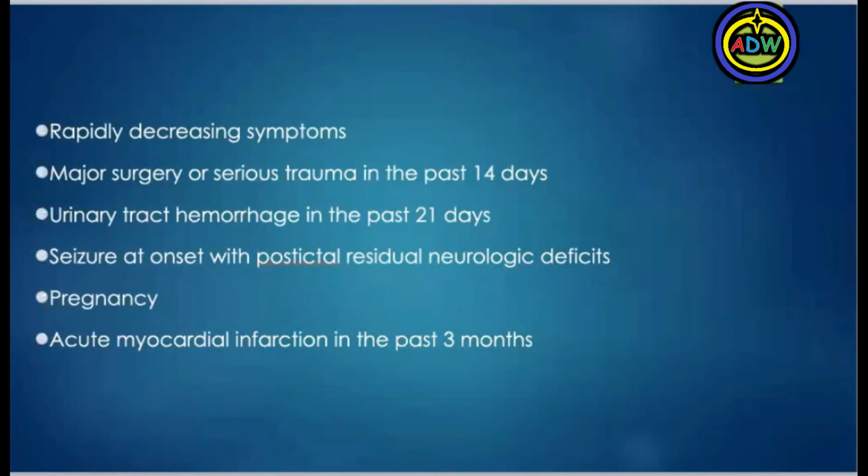If the patient had seizures at stroke onset, it is also a contraindication. If the woman is pregnant, it is also a contraindication. If the patient had an acute myocardial infarction in the past 3 months, it is also a contraindication for thrombolytic therapy.